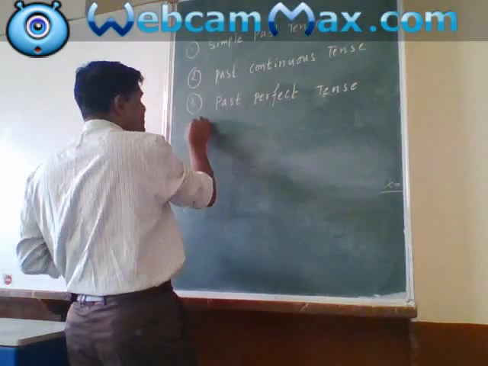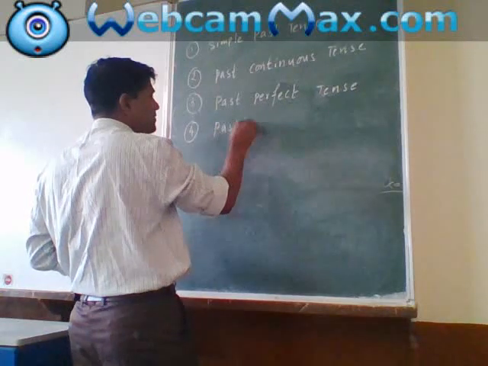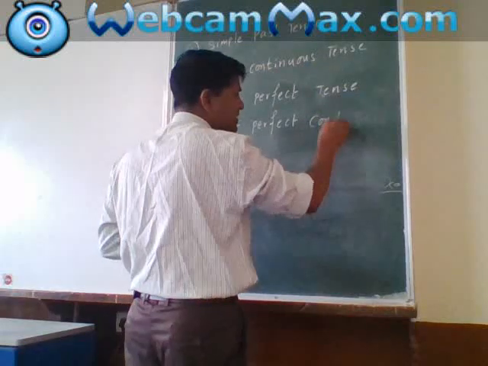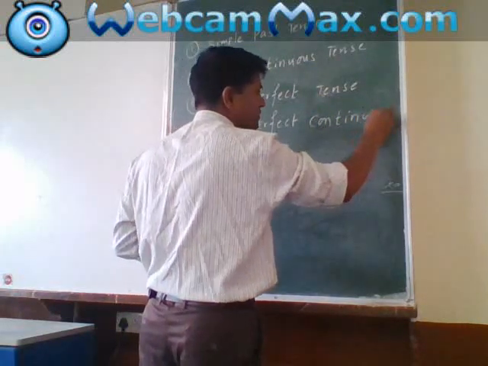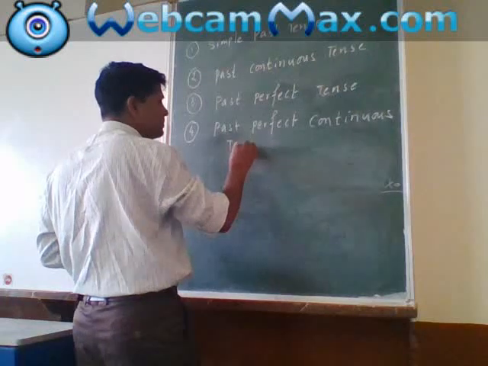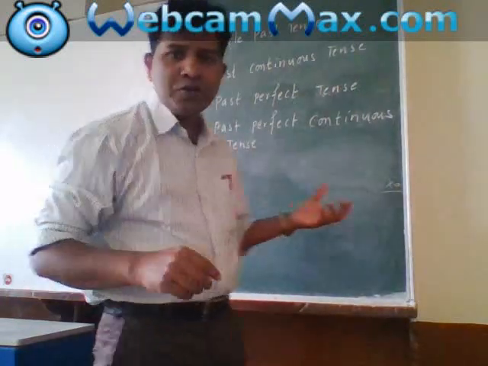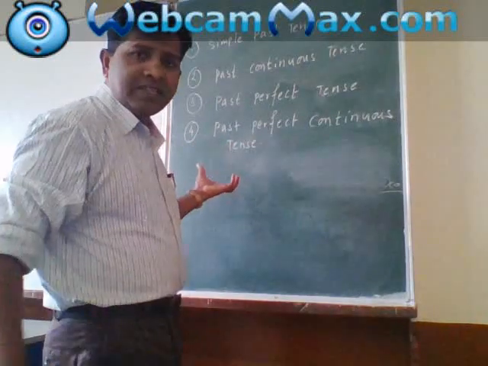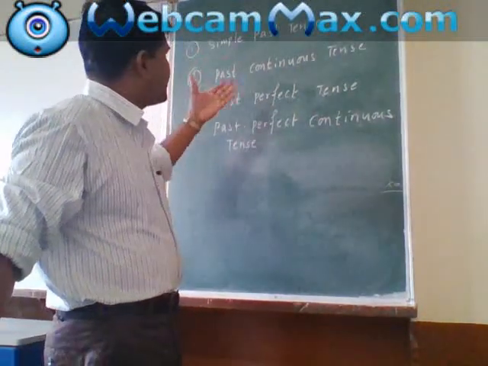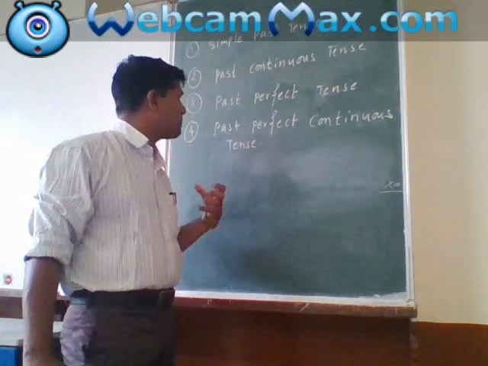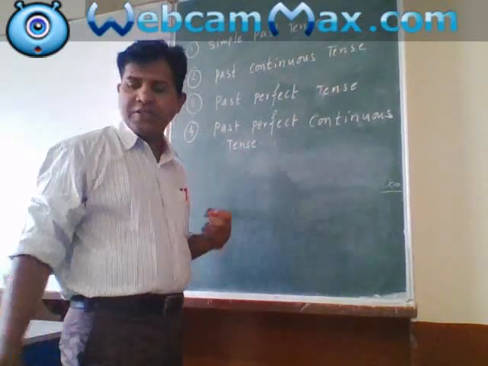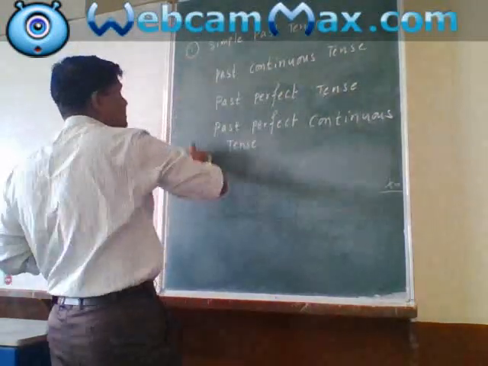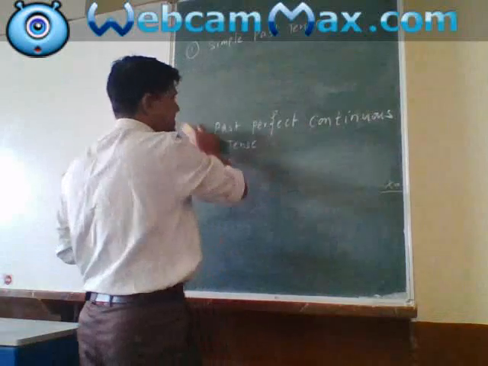And fourth is past perfect continuous tense. So we are going to study these four subtypes. Once again I say: simple past tense, past continuous tense, past perfect tense, past perfect continuous tense. So the very first we are going to study is simple past tense.